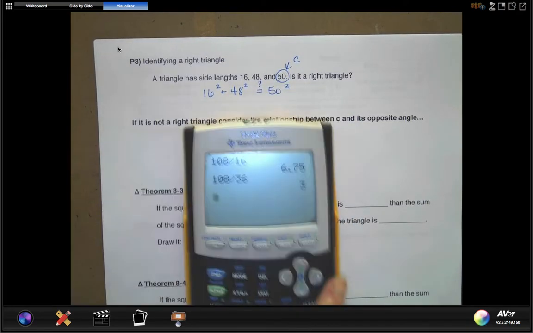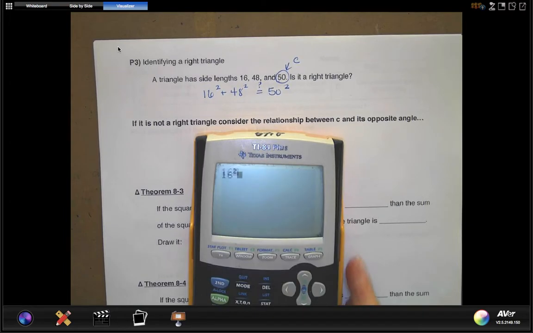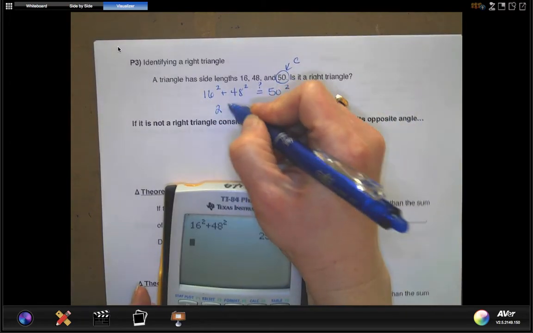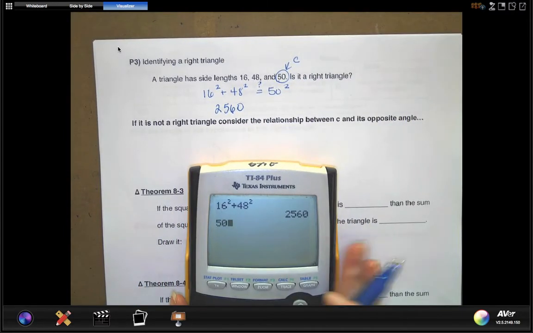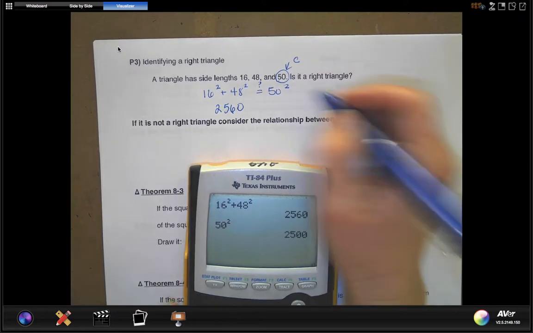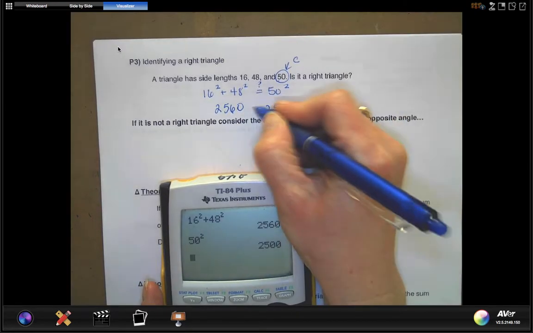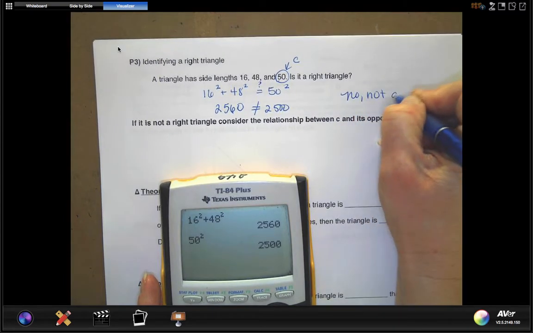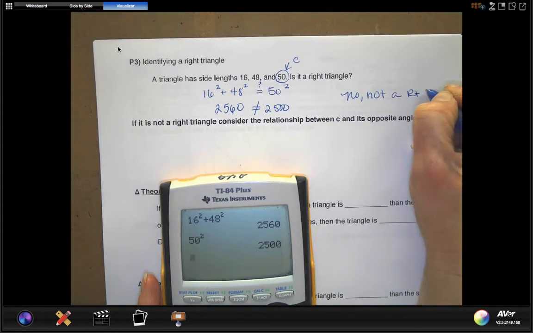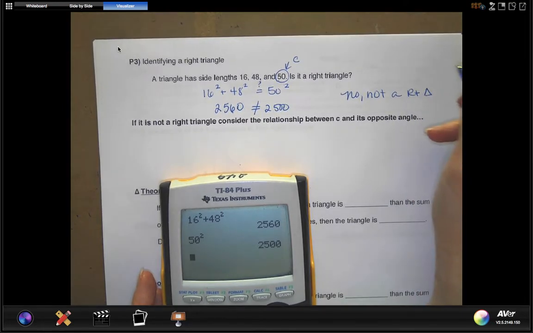So 16 squared plus 48 squared, 2,560. 50 squared, 2,500. Not equal, so no, not a right triangle. Okay.